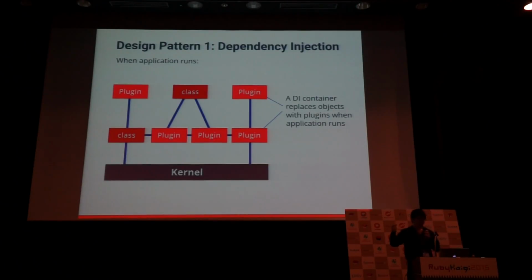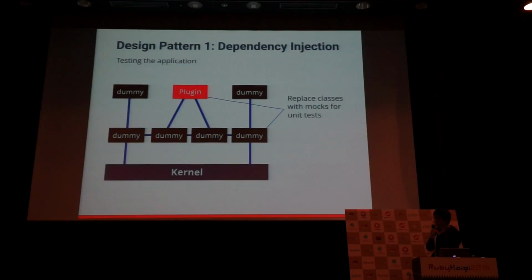This is done by dependency injection containers. That container gets a configuration file, which says this interface should be replaced by this plugin, this class should be overwritten by this plugin. Then when the application runs, the DI container, dependency injection container, replaces the interfaces and classes.